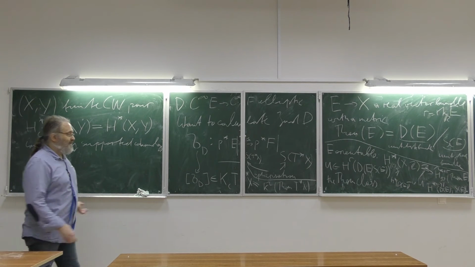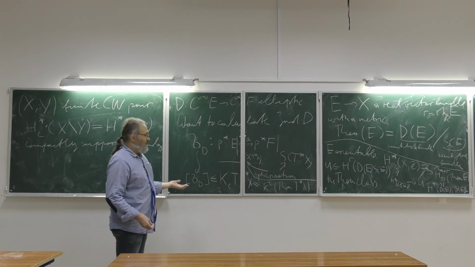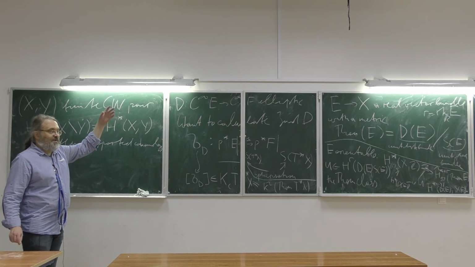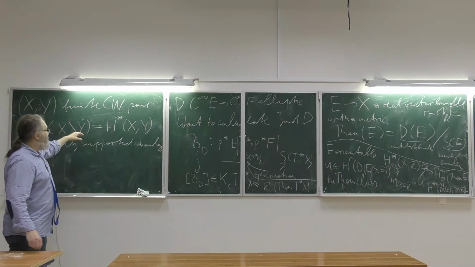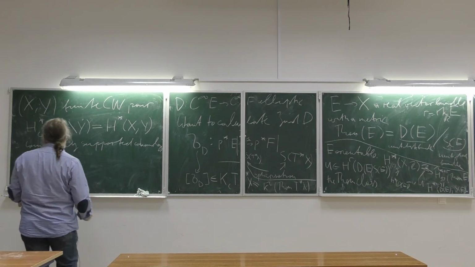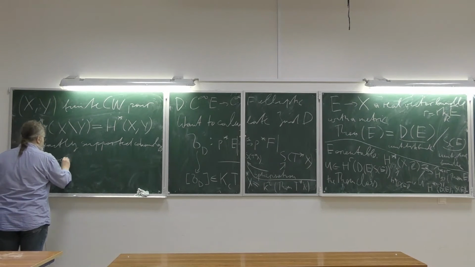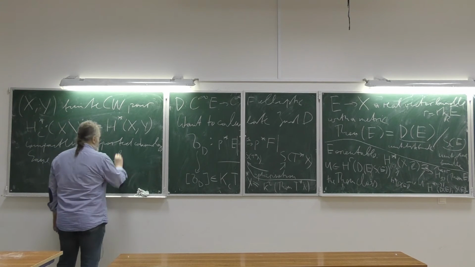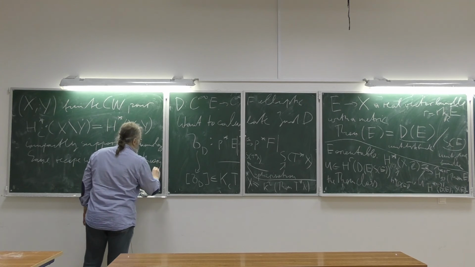Namely, suppose we have this T upper star of X. We represent it as a finite CW complex minus a subcomplex, and then take the relative K theory. So same recipe. Works for K theory.